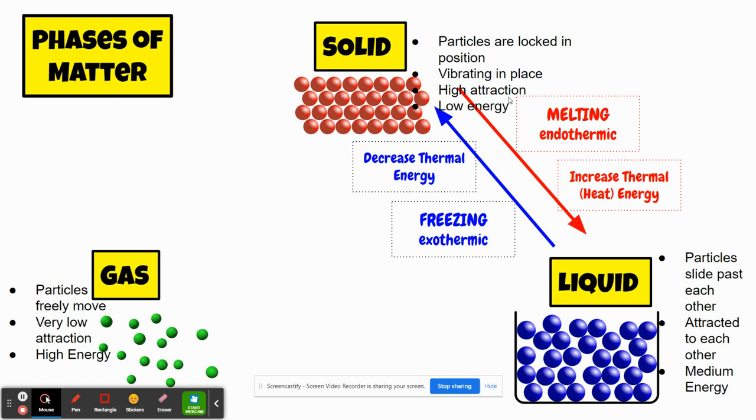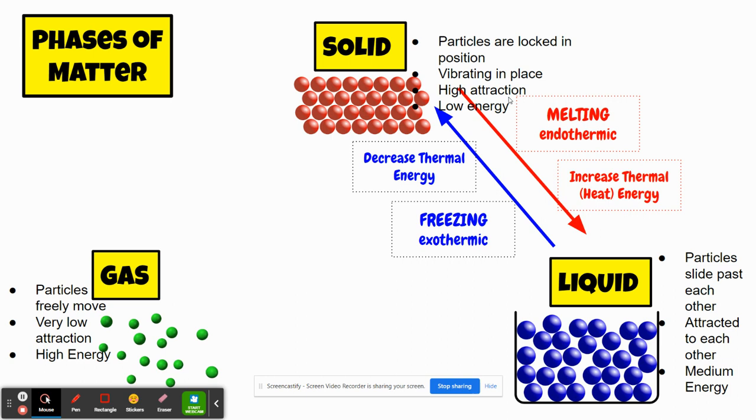Freezing is exothermic. It's exothermic because exo means heat being removed, heat exiting. Exo, exit; thermic, heat. Exothermic: remove heat, heat exits. It's energy being removed.